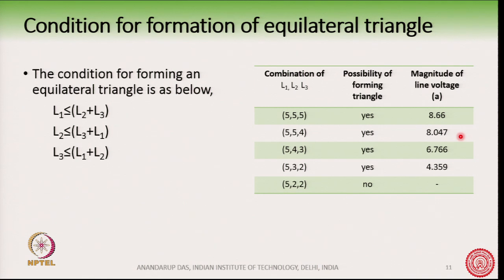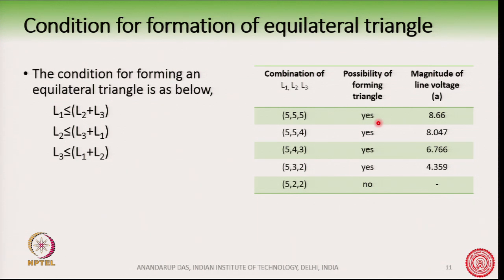If I put it into that formula, the value of A will be 8.66. Under this condition, the sum of two phases, that is 5 plus 5, is always greater than the third one, and so it is possible to form the equilateral triangle.